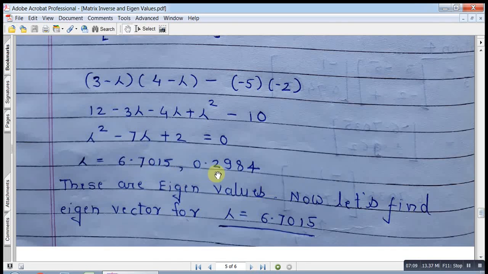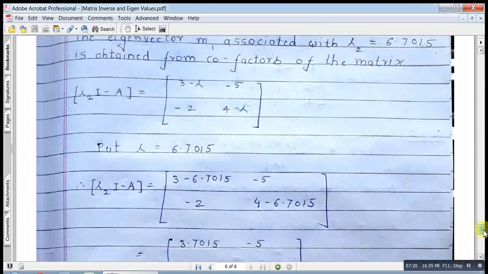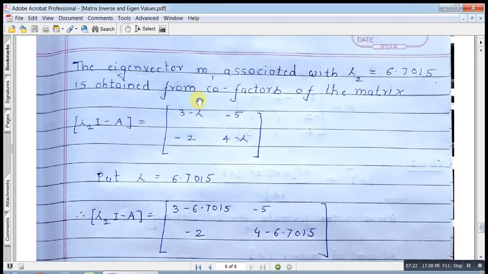The eigenvector M2 associated with lambda 2, which is 6.7015, is obtained from the cofactors of the matrix lambda 2 I minus A. Why lambda 2? Because the highest value between the two is 6.7015.